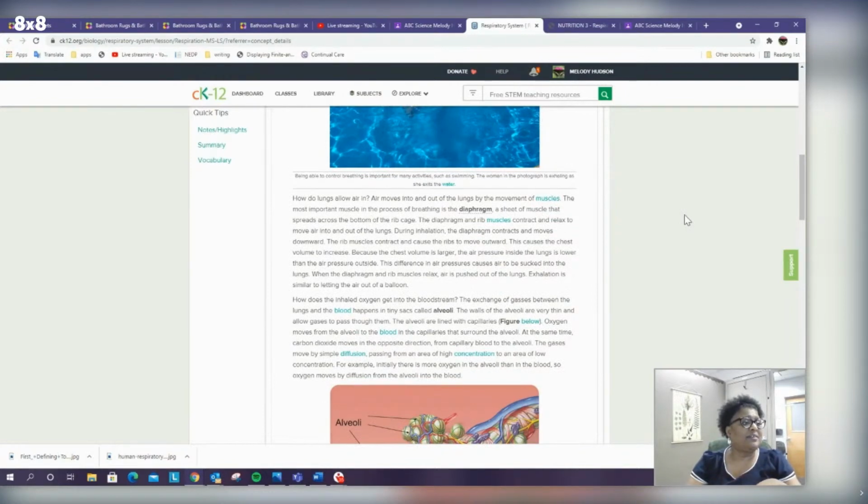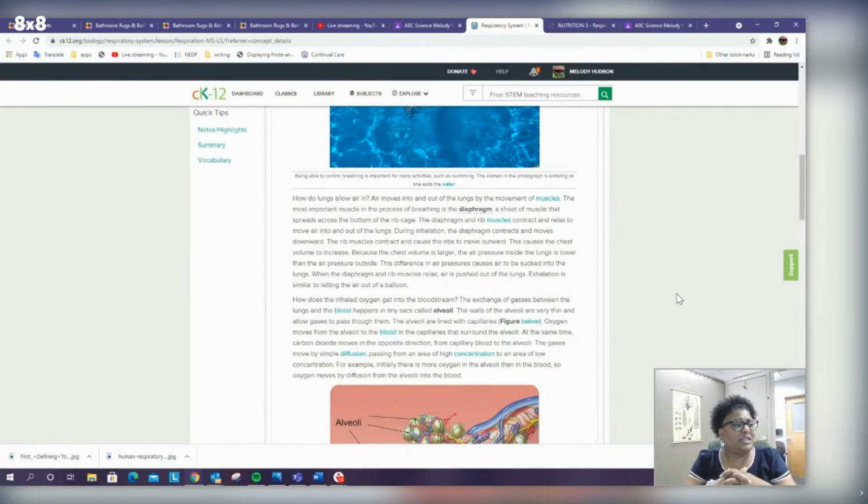Air moves in and out of the lungs by movement of muscles. The most important muscle in the process of breathing is the diaphragm, and that is a sheet of muscle that spreads across the bottom of the rib cage, and that causes the ribs to move out. And this causes the chest volume to increase.